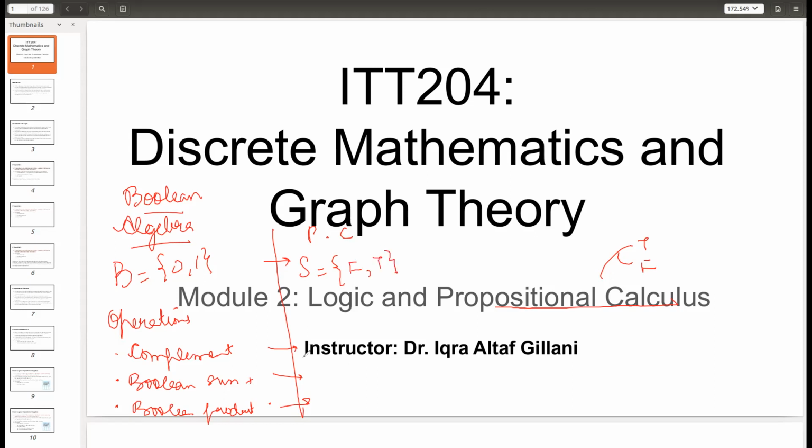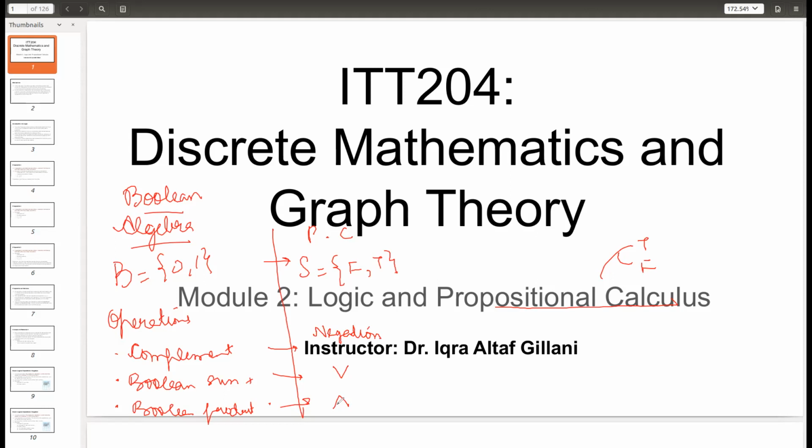What about complement? Which operator represents complement? Sorry, bar, or negation, right? What about Boolean sum? Or, and product is your and, right? So if you make these replacements, then any statement you write in Boolean algebra can also be written as the equivalent statement in propositional calculus.